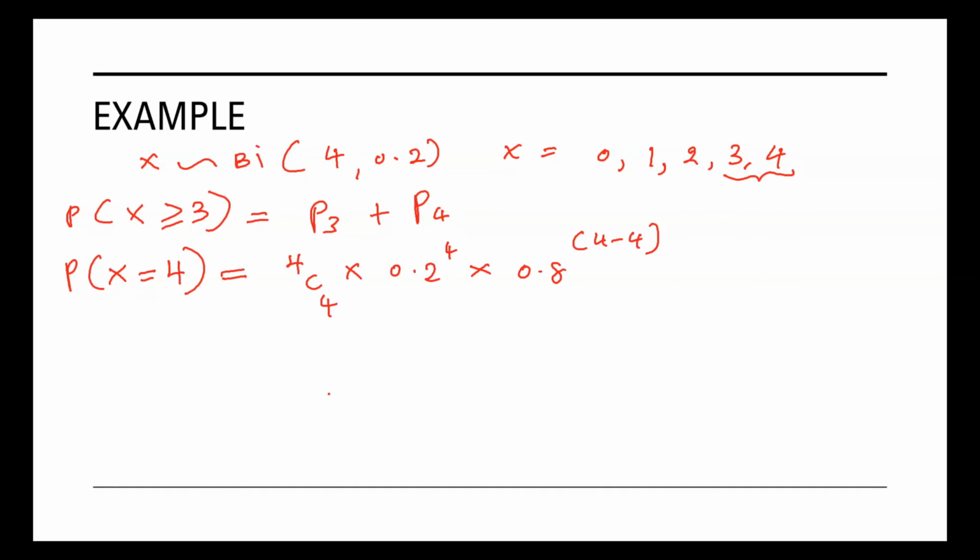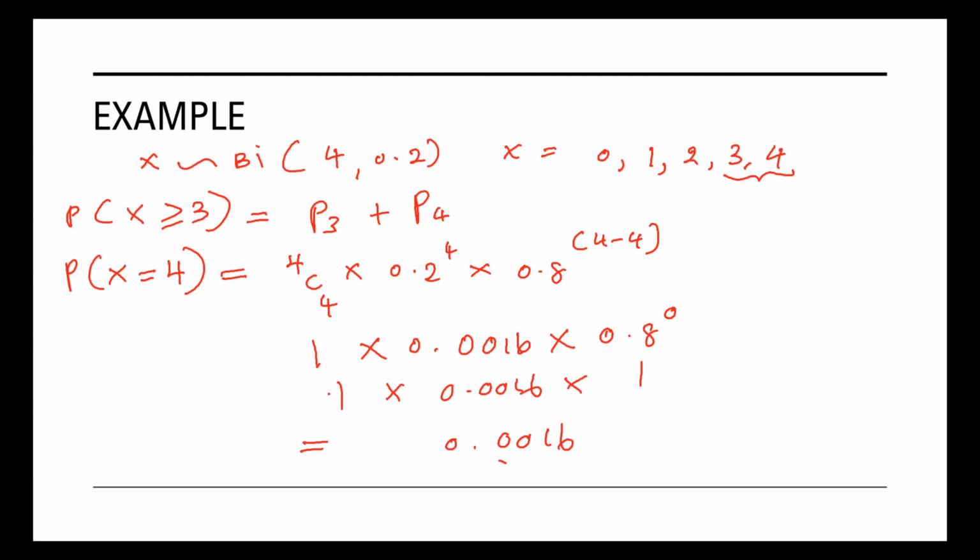So here the answer is 1. 0.2 to the power 4, you get 0.0016, into 0.8 to the power 0, answer is 1. So altogether the answer is 0.0016. So that is the probability of getting x as 4.